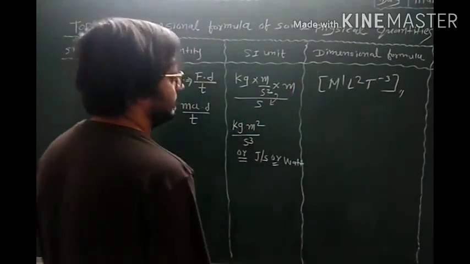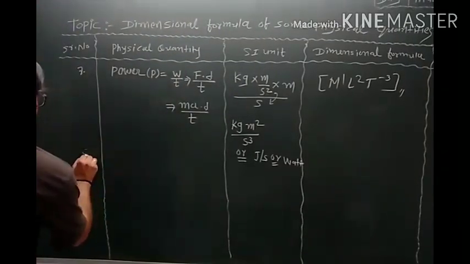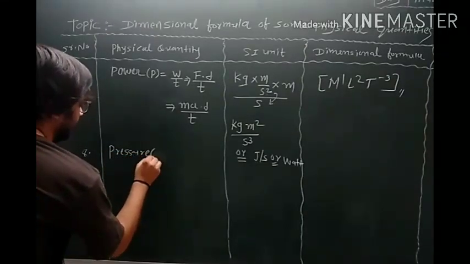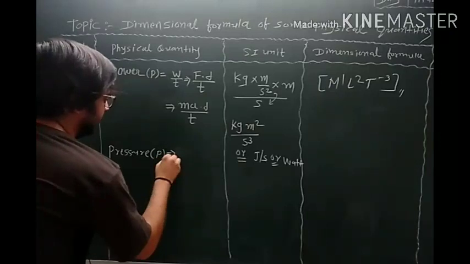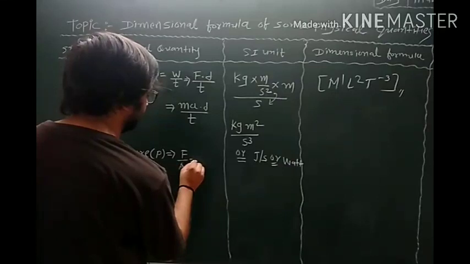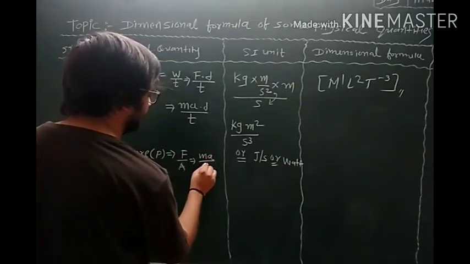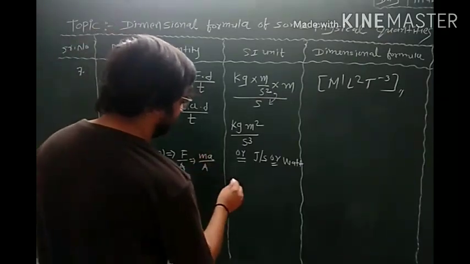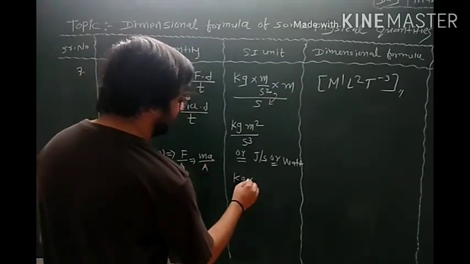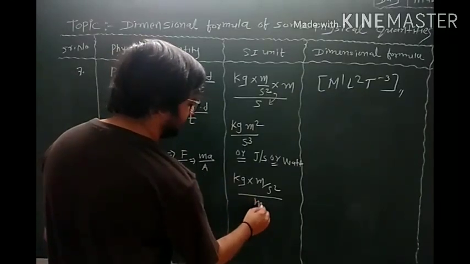Now another physical quantity is pressure. Pressure is nothing but the force per unit area. The equation of force is m into a from Newton's second law, and area is as it is. So m is kilogram mass, a is acceleration meter per second square, and area is measured in meter square.